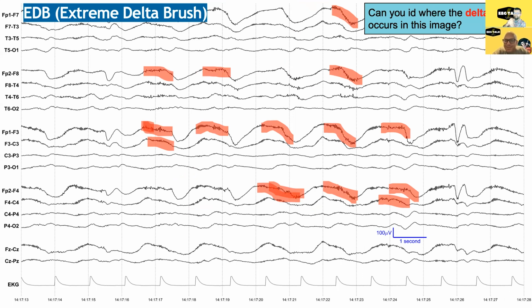So it looks like it's primarily on the down slope, although truth be told, it's on the top too, but much more on the down slope than on the up slope. And I think we can call this rhythmic delta, right? Because there's nothing in between. Pretty good. This is generalized rhythmic delta plus F, AKA EDB.